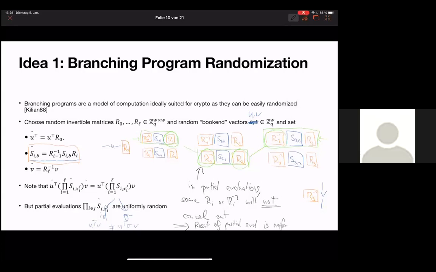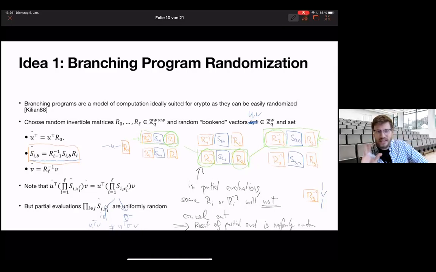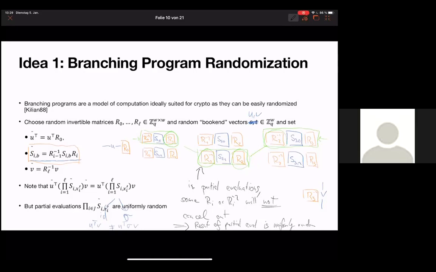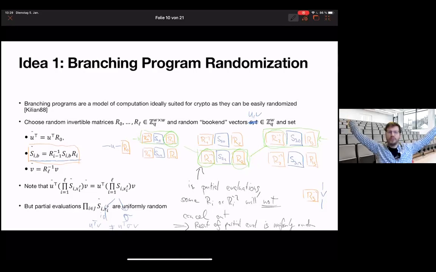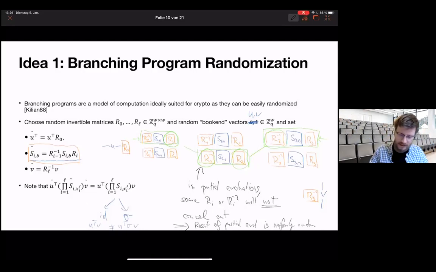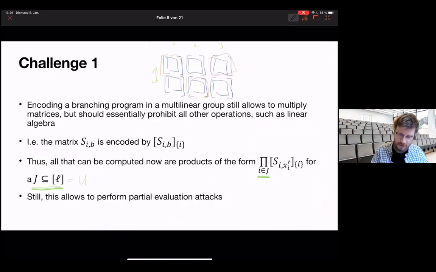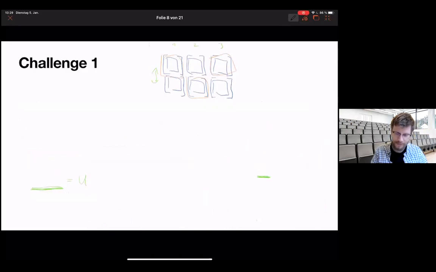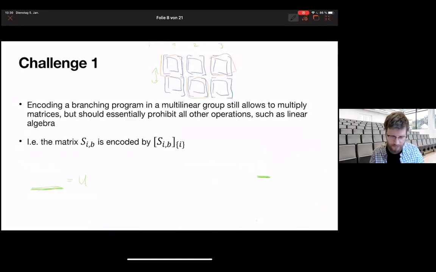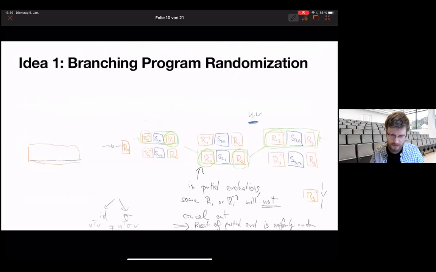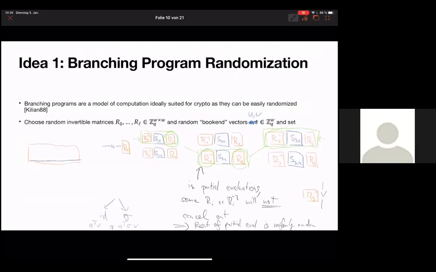Sorry, I have one question here. I understood the partial evaluation before such that, for example, you change the value of x in between. Oh, no, sorry, that's challenge 2. Challenge 1 is you evaluate it somehow on a subset, right? So these are the in-between results then.